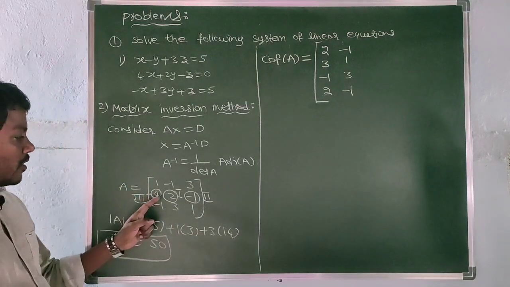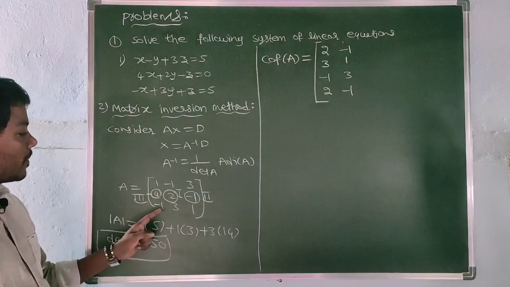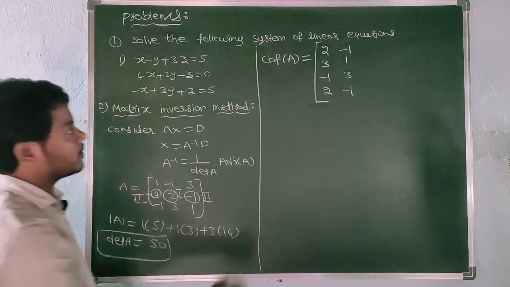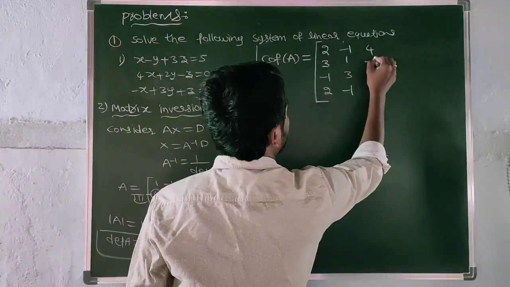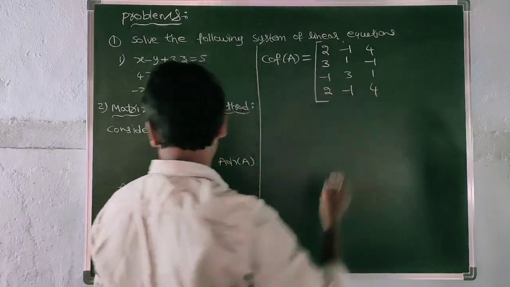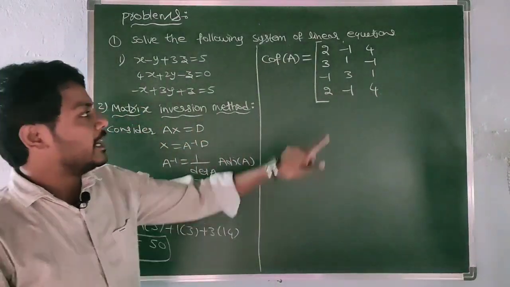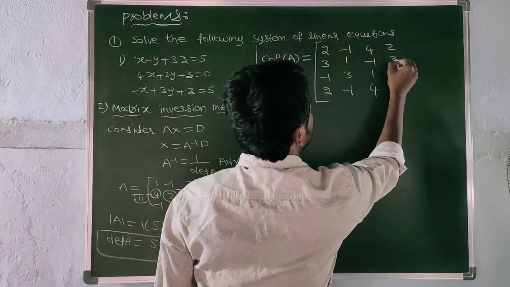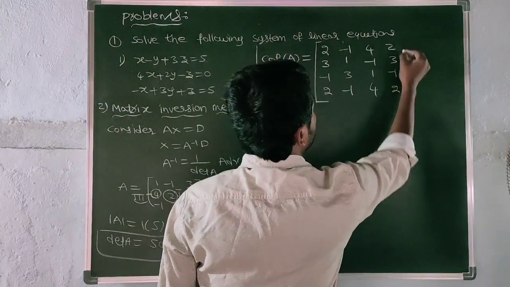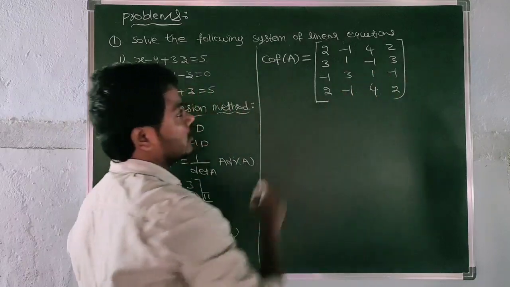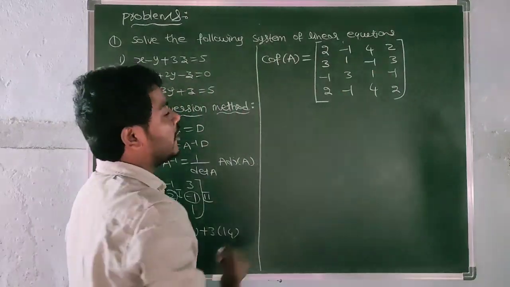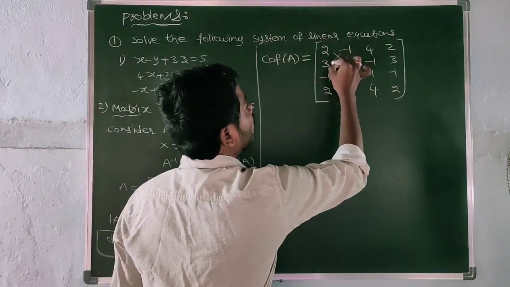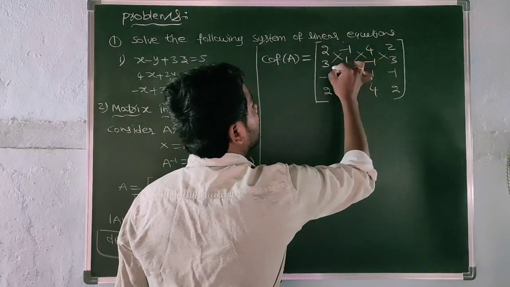See here, 4 minus 1, 1, 4. And write first column as last column. That is 2, 3, minus 1, 2. Okay. Now find 2 by 2 matrix determinant here.